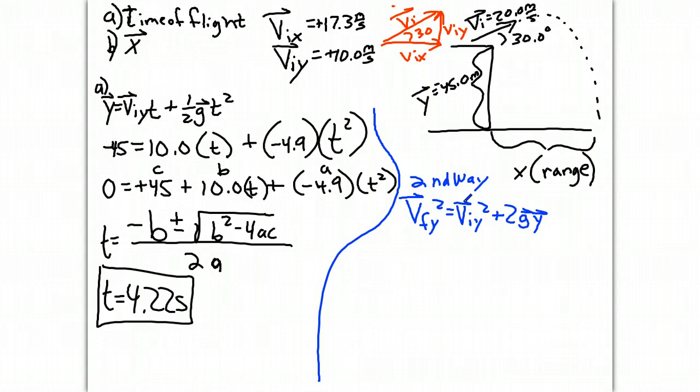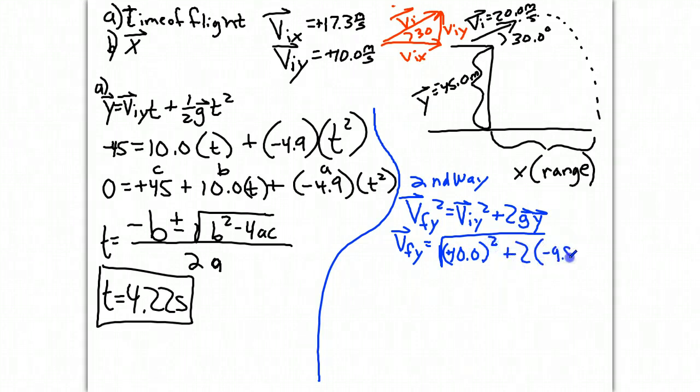So that would be VFY is equal to the square root of 10.0 meters per second squared plus 2 times negative 9.80 times negative 45. Remember the negative on the y. Now this calculation can be a little bit tricky. Make sure you use the correct order of operations for the square root.